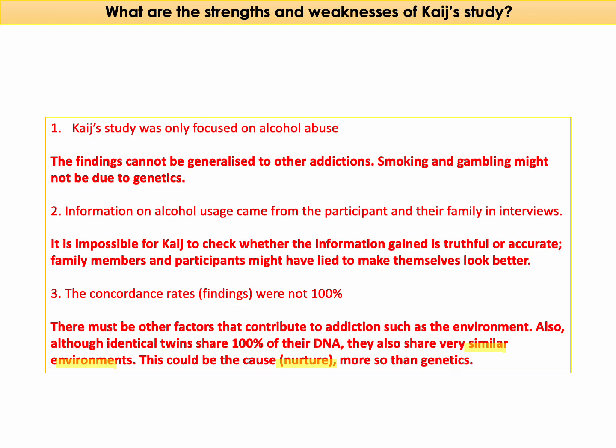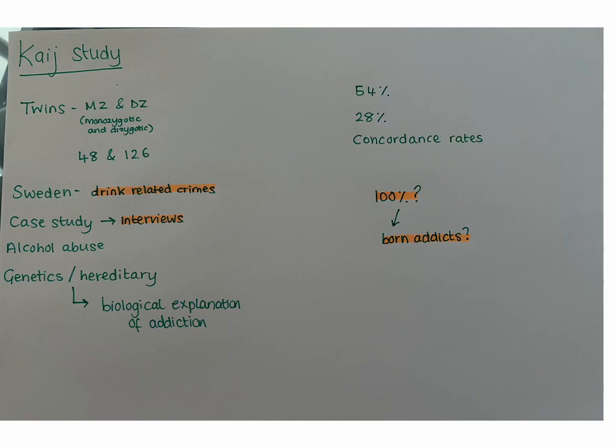So to review the Kaij study, let's have a look at my suggested revision technique. Here we've got the key concepts for the Kaij study. So if we just review this, what we have are the fact that it was a case study method consisting of interviews, which I've highlighted in orange because interviews link to some of the evaluation for the Kaij study. The participants were twins, 48 MZ twins, so 48 monozygotic twins, which are your identical twins, and 126 DZ twins, dizygotic non-identical twins.